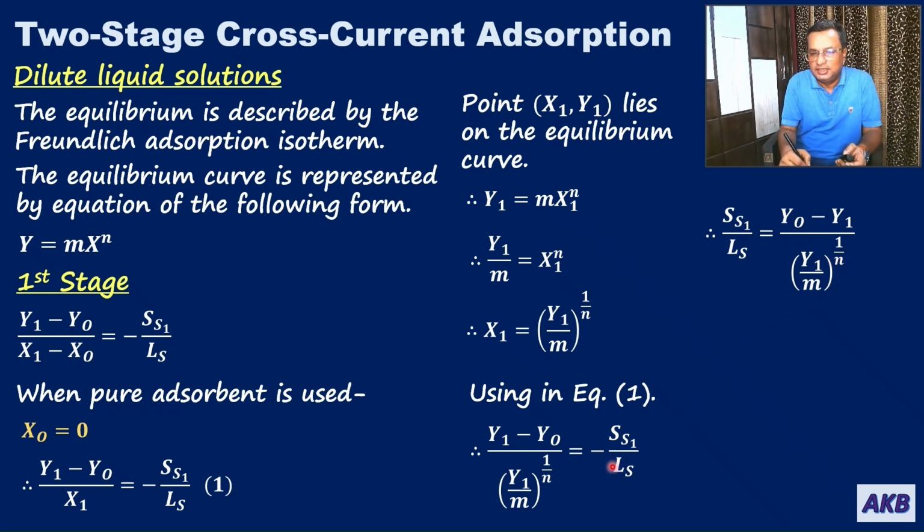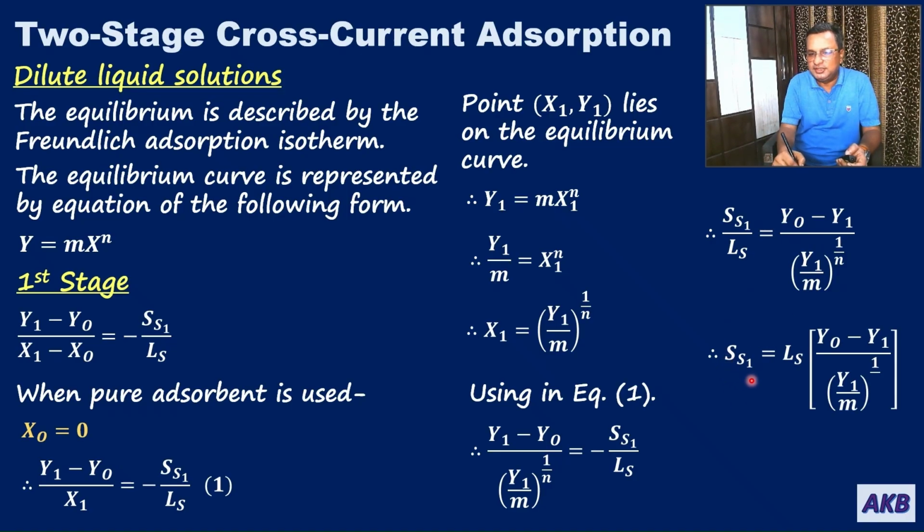I have made the negative sign positive by interchanging the positions of Y0 and Y1. And finally, I can get the equation for SS1. SS1 will be equal to LS into capital Y0 minus capital Y1 divided by capital Y1 by m raised to 1 by n. So this equation can be used to find the amount of adsorbent that is required in stage number 1. Let us continue.